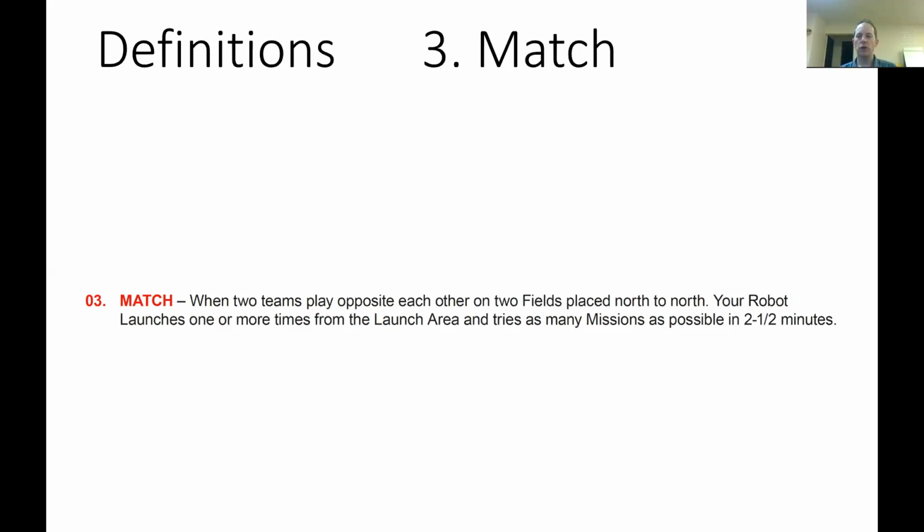So if you're facing your table, your home and launch area are in the southwest corner, or the lower left from your perspective. And if you were to look across at the other table, theirs would be in the upper right area on the far side. So what would be your northeast, but it's their southwest.